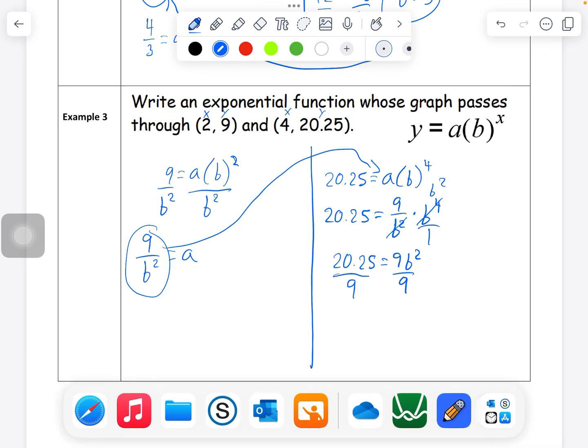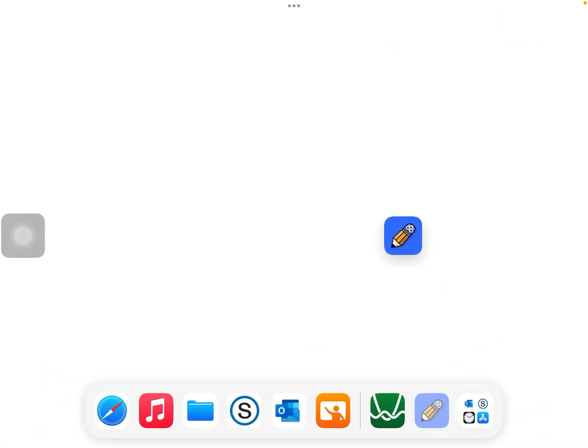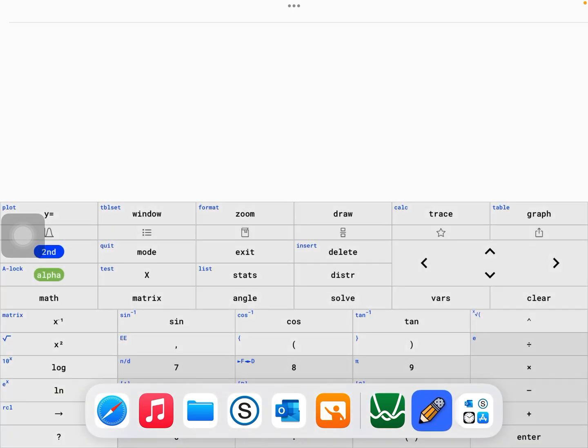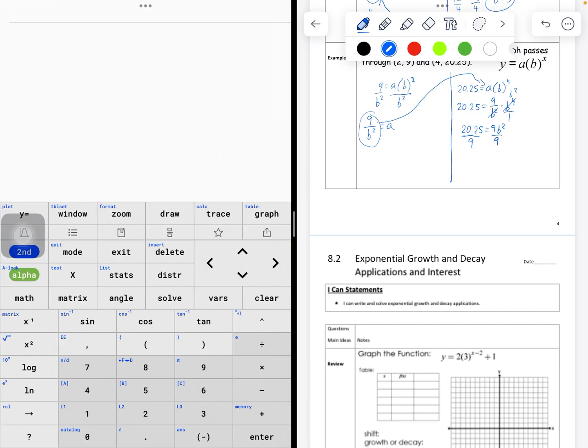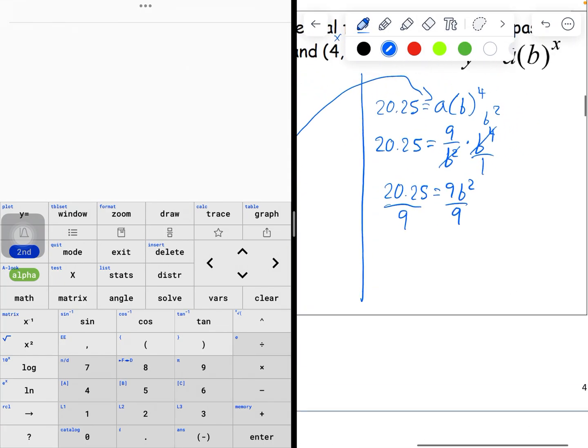Let me pull this up in the calculator here. Okay, so 20.25 divided by 9 is 2.25.